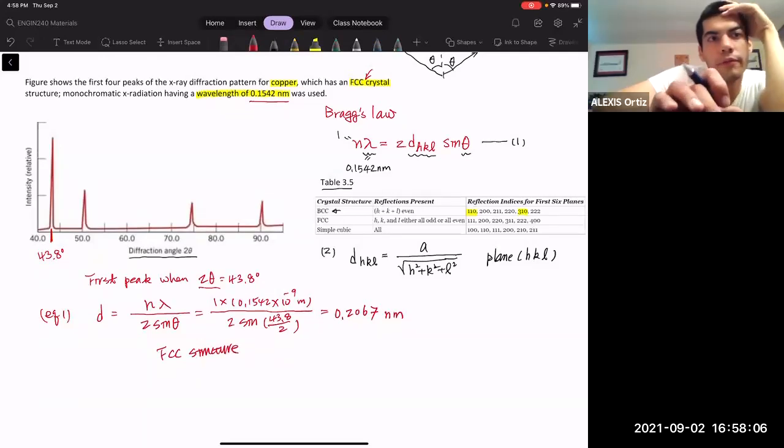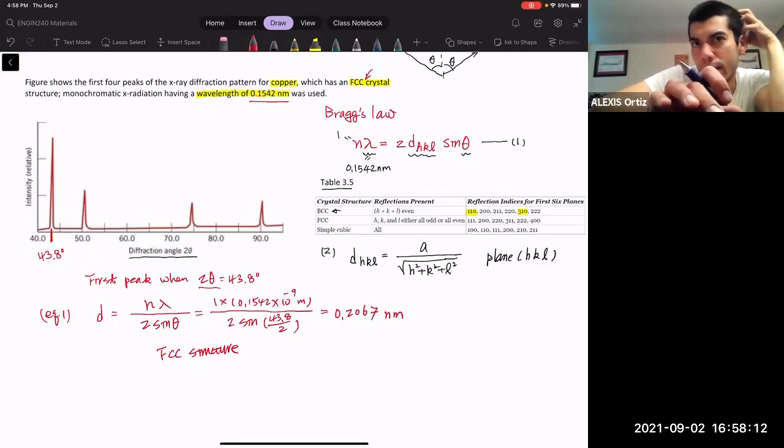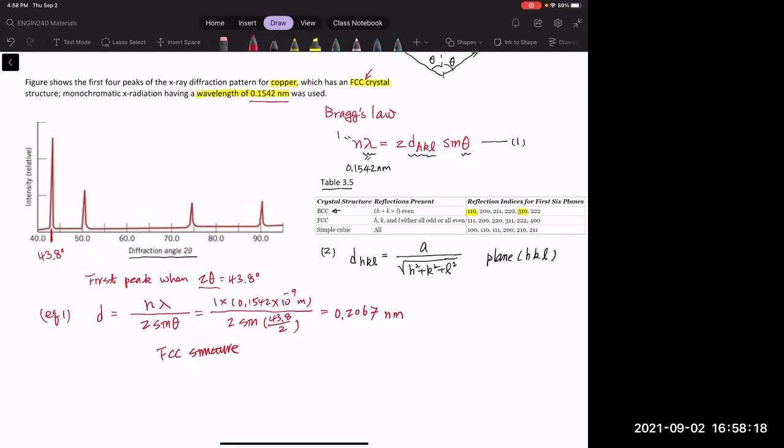Professor, I got a question. If I thought n equals 4 for FCC structure, why is it n equal 1 here on Bragg's law? Okay, so this n here doesn't represent the number of the atom in the structure.